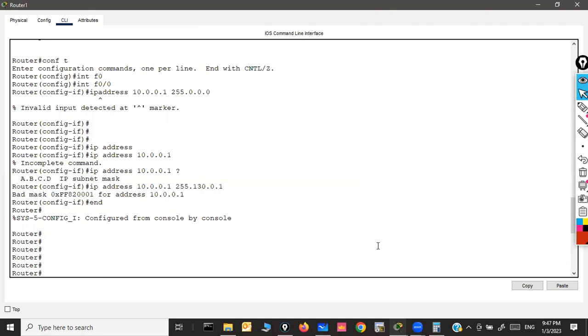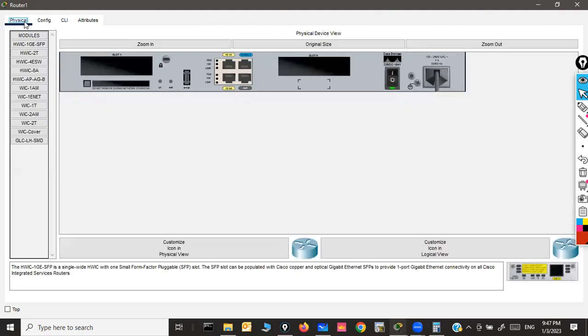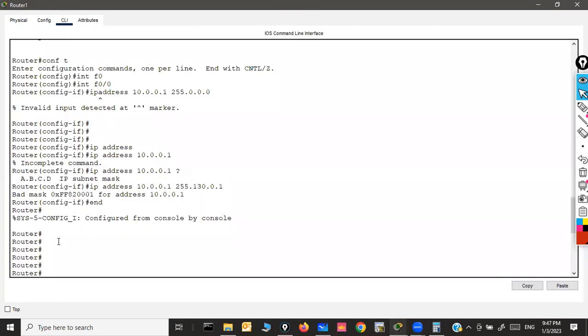But first I will start with the physical architecture, internal components of this device, ports, and connectivity. I will compare the virtualized and the real network environment, and then I will take you to the CLI mode of it. I will start from scratch, with basic commands first.